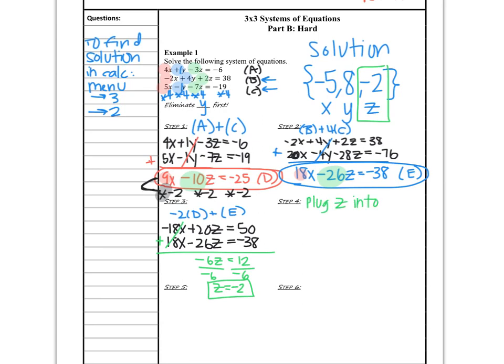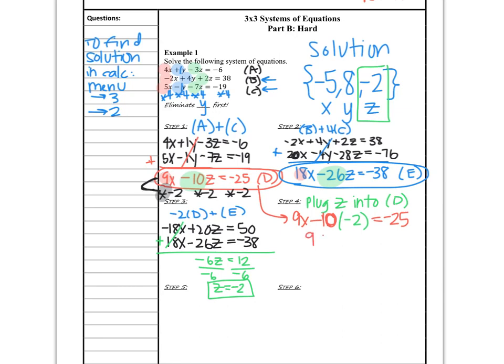All right, so now from here, what we're going to do is plug z into equation D or E. Totally your choice. I'm just going to say D because it comes first in the alphabet. Okay, so we have that 9x minus 10 times our z value, which is negative 2, and then still equal to negative 25. So again, all I did was pull equation D and plug z into it.